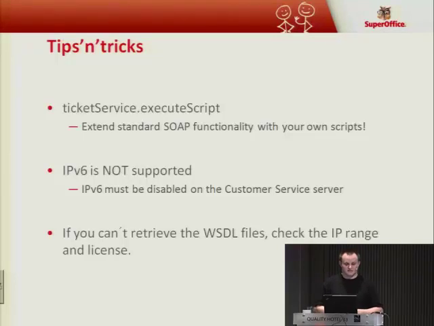For instance, we had a customer who wanted to get all the different courses from the database with how many signups there were, start dates, and so on. We could, for instance, use a lot of different methods in the ticket service, get extra table, and so on, but it was cleaner to wrap it up into an external script. So let's make an example of that one.